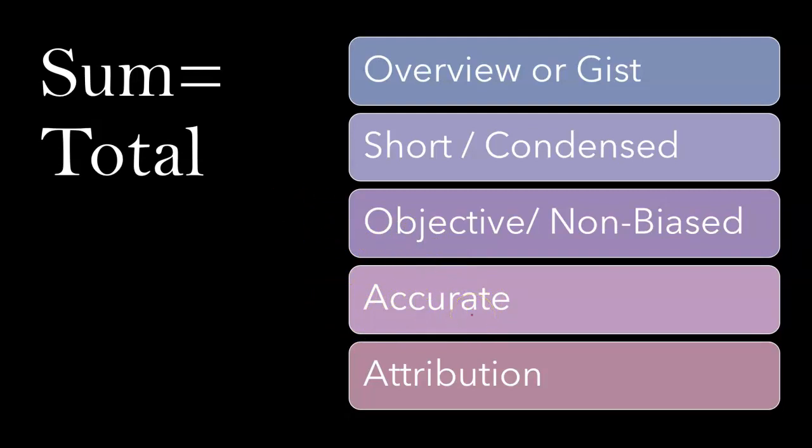In other words, you don't want to put words in someone else's mouth if it's not accurate, right? If you didn't read it, it's probably not there, right? And also, part of writing a summary is giving attribution, or acknowledging both the name of the author and the title of the text that you're summarizing.